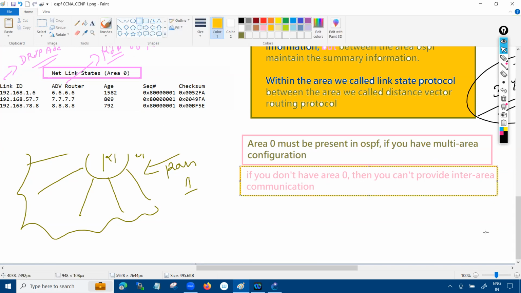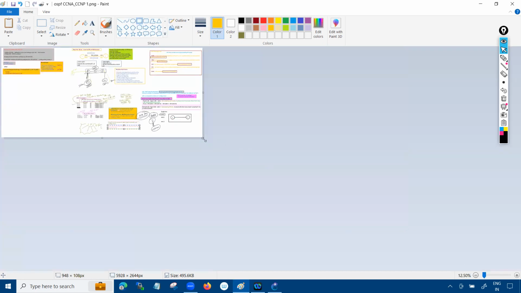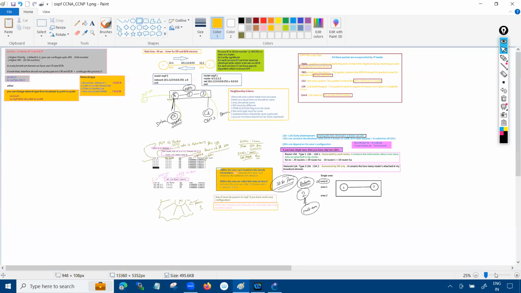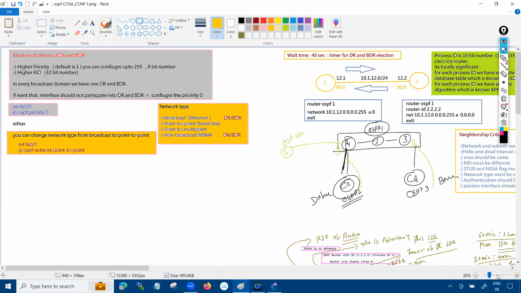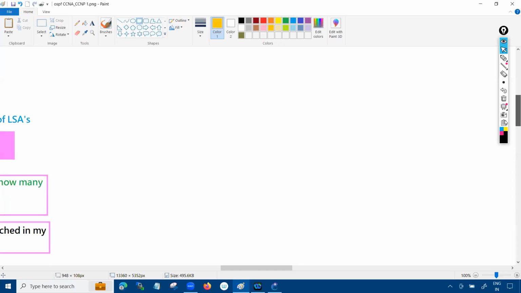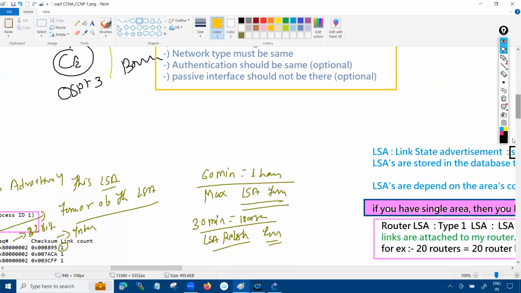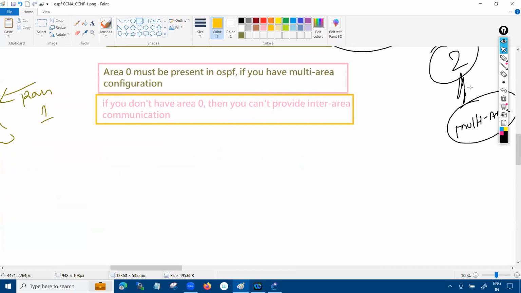So for example, understand the concept now. What I say is that if you don't have area 0, then you cannot provide inter-area communication, right?